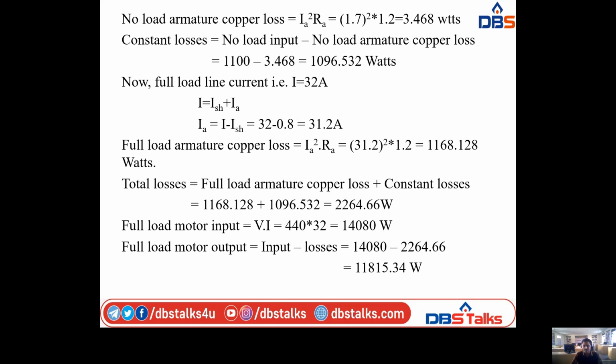The formula to calculate the motor output power is input power minus losses. Here the input power is 14080 minus the total losses, 2264.66 watts. Substitute here, we have the full load motor output, that is 11,815.34 watts.